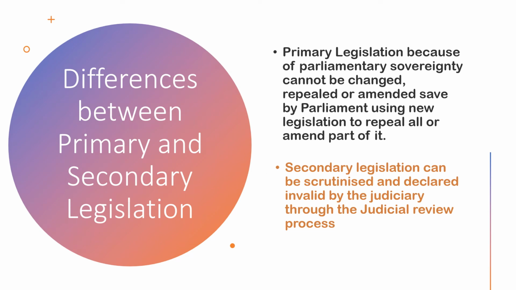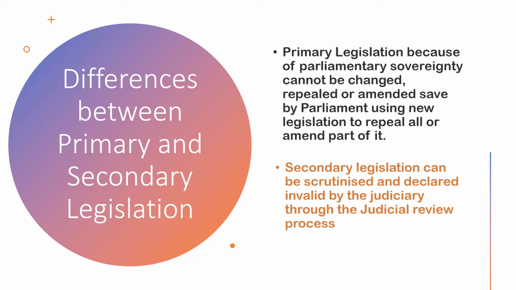Apart from the procedural differences between primary and secondary legislation, and that primary legislation has to go through a full route in the House of Lords and the House of Commons and get royal approval, which is called assent, secondary legislation is different to primary legislation in its power.